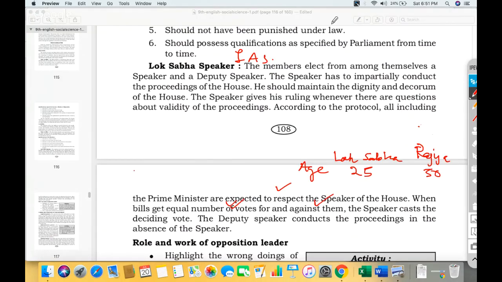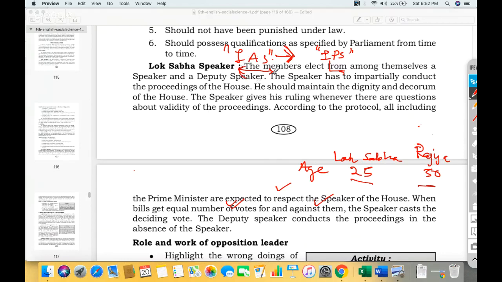In terms of age, it is 25 and 30, and then he should not hold any office of profit. IAS, IPS, all government service officers have to leave their job to contest the election.